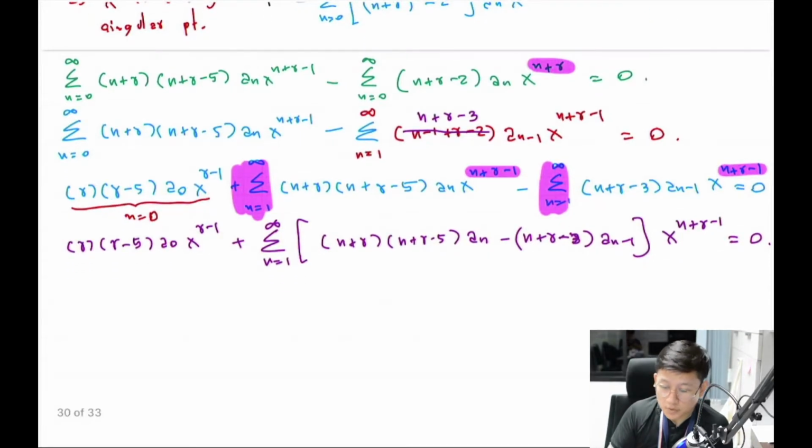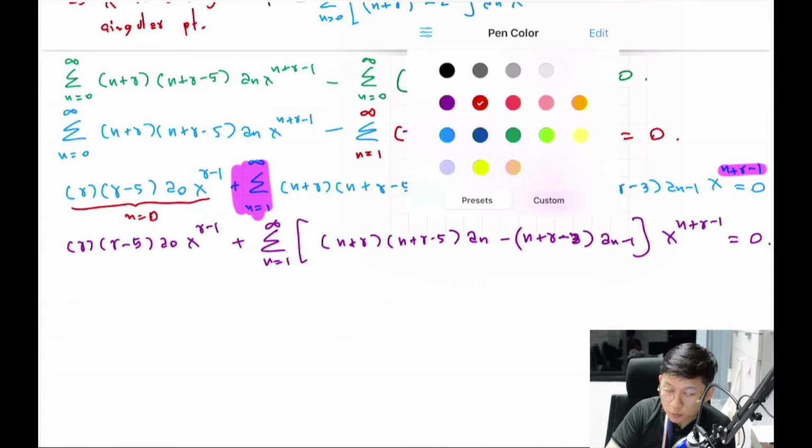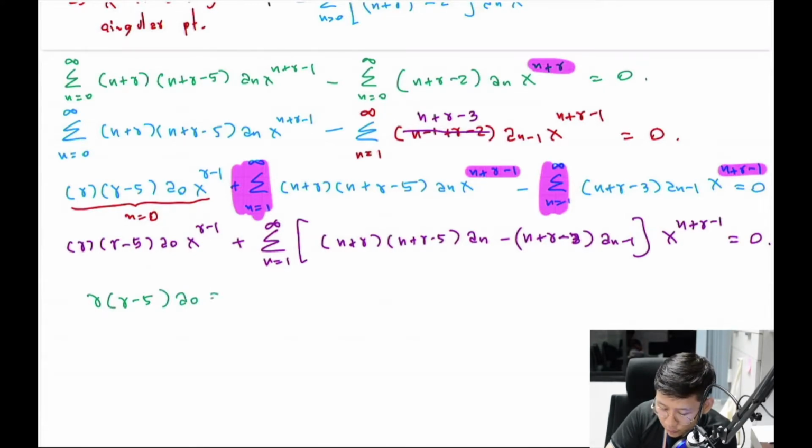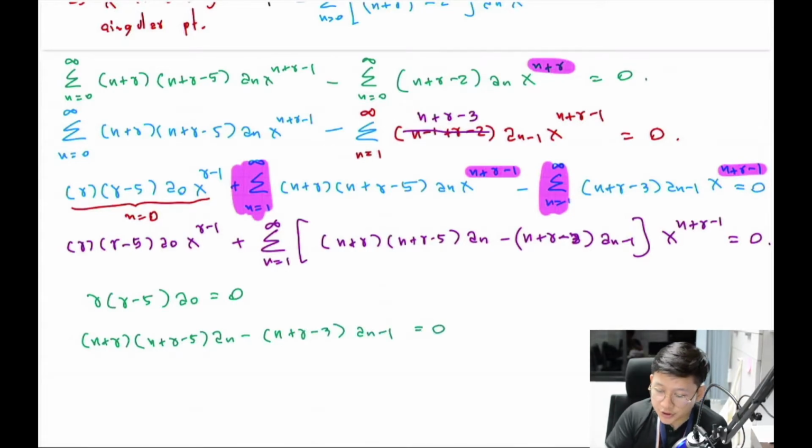Okay, so we set all the coefficients equal to 0. So what we have would be r minus 5 equals 0. Actually, it should be times a0 as well, equals 0. And the other one would be n plus r minus 5 an minus n plus r minus 3 an minus 1 equals 0.